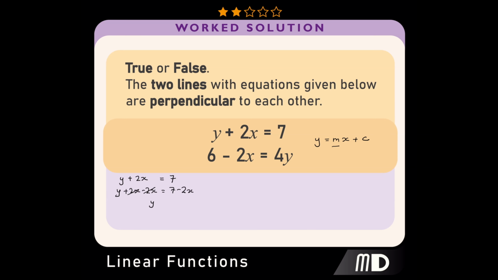The 2x's on the left-hand side cancel, so that leaves us with y, and on the right-hand side we've got 7 minus 2x. Now although this is the other way around to y equals mx plus c, the coefficient of the x term is still the gradient, and in this case it's minus 2. So our value for m is minus 2.